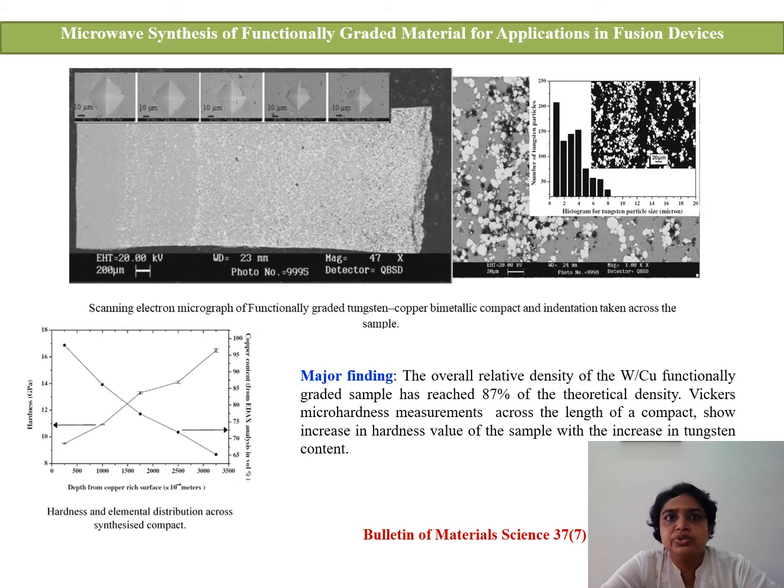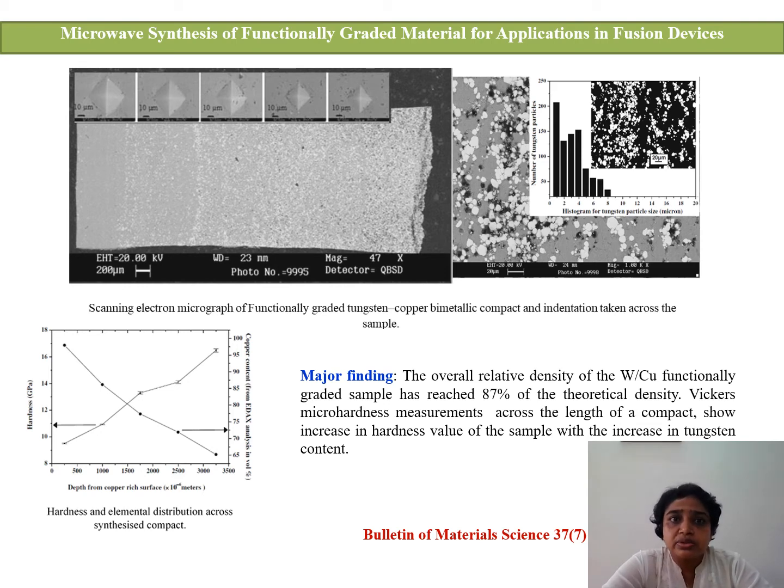Now I'll be coming to the microwave synthesis of functionally graded materials for fusion devices. In fusion devices, we will be using tungsten as a plasma facing material because it has very attractive properties. This plasma facing material needs to be attached to a heat sink, that is copper, but the thermal expansion of tungsten and copper is very different.